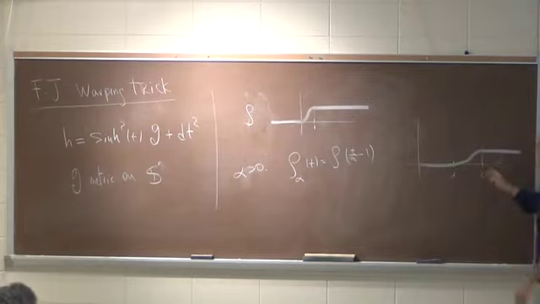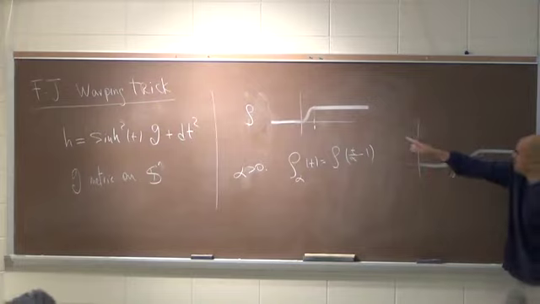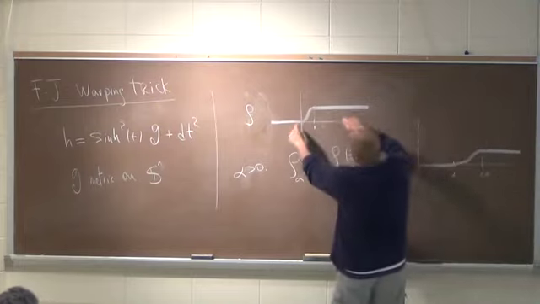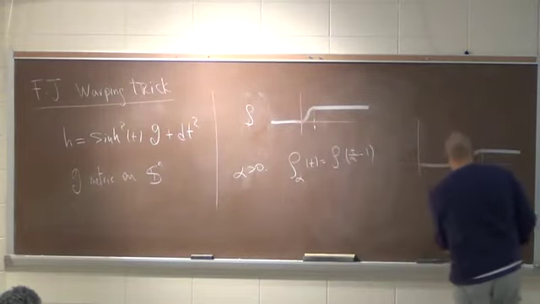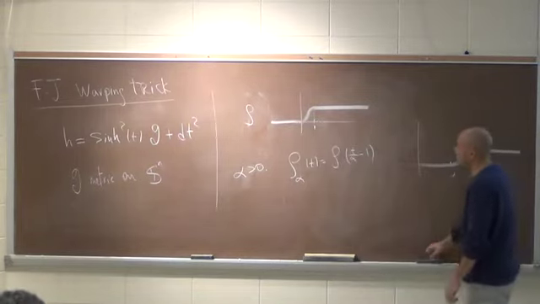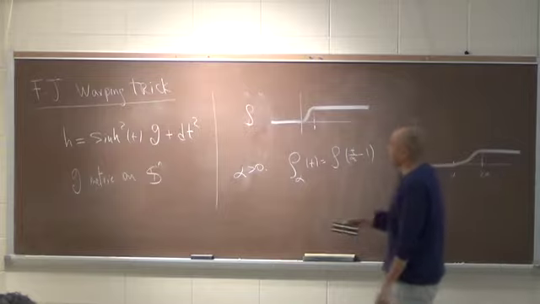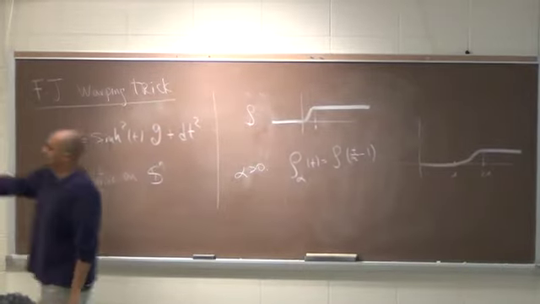So after 2 alpha it is 1, before alpha it is 0. I'm just rescaling this function, translating and stretching it. So that's alpha and 2 alpha.